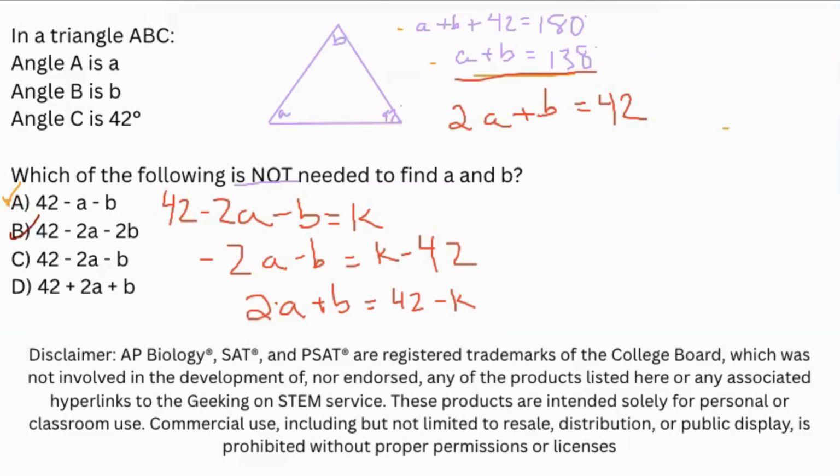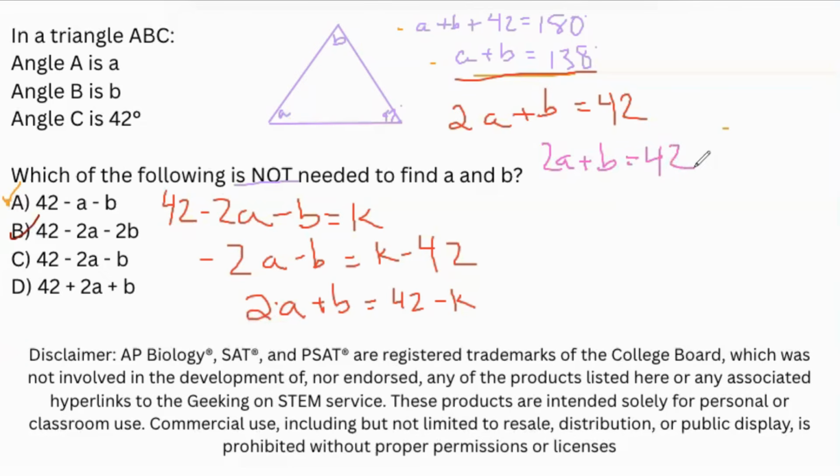So we can plug it into Desmos if you know how to do that. However, I'm going to show the long form way just so you can see what I'm talking about when you plug one into the other. So we have the first equation and the second equation, which is 2a plus b equals 42.